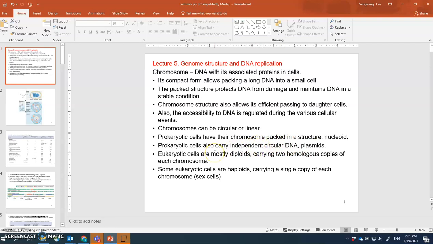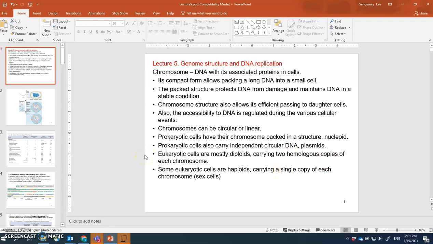And eukaryotic cells are mostly diploid. You probably remember the term diploid versus haploid. Diploid means there are two copies of homologous chromosomes, right? And each chromosome carries a set of genes, so there are two copies of a gene found in diploid cells.